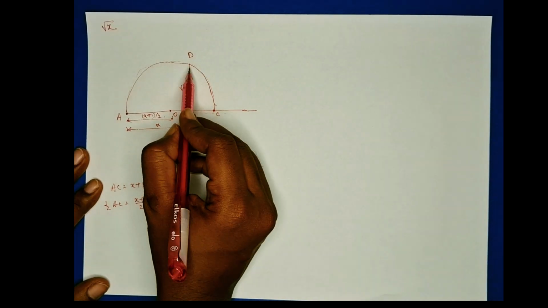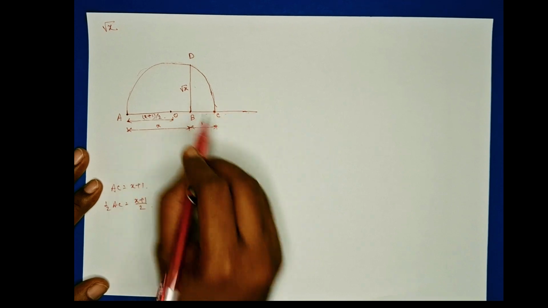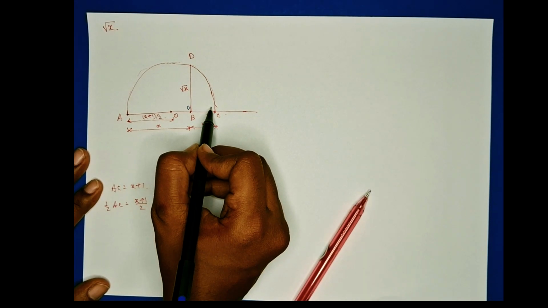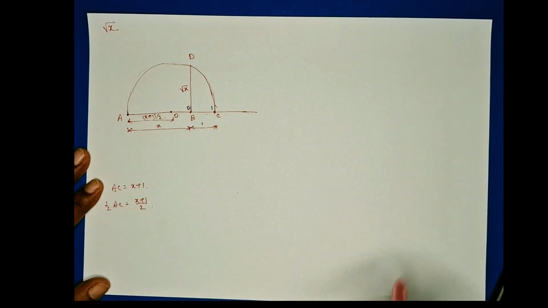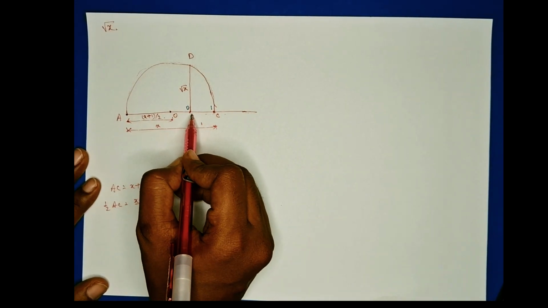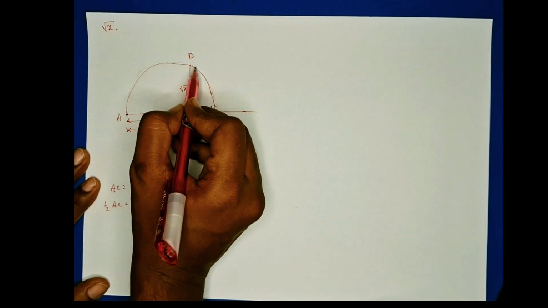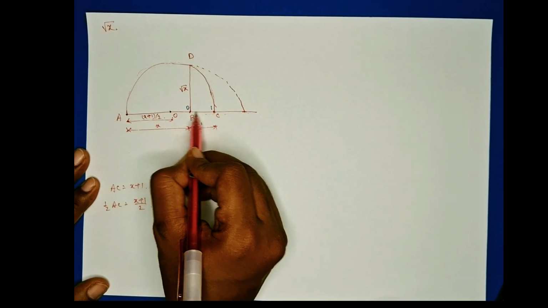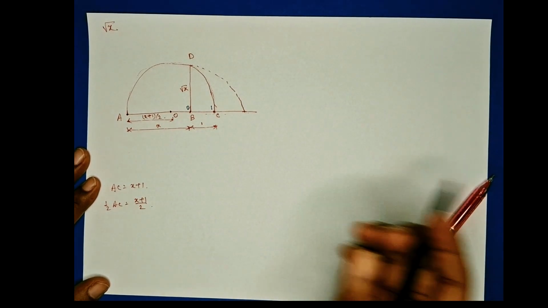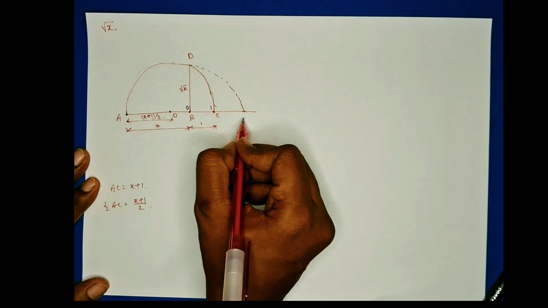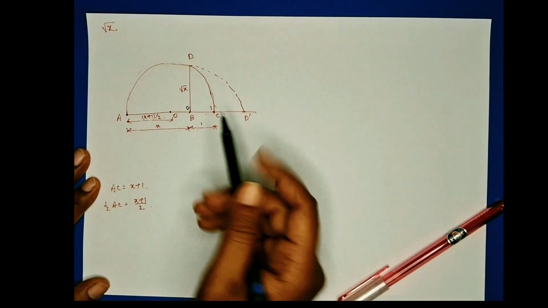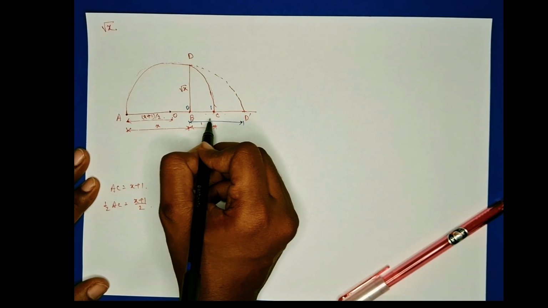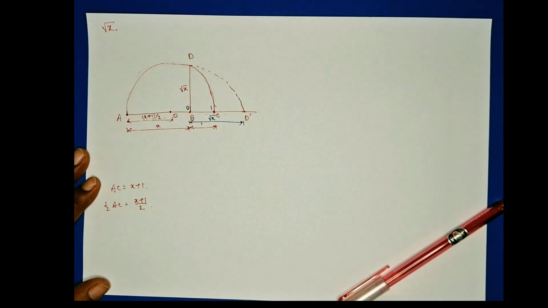If I want to draw this root x on the number line, considering B as the origin 0, so C will be 1 unit, and taking B as the center and BD as the radius, I have to draw an arc on the number line. Suppose this is the number line. So suppose this is D dash, that means this BD dash will be square root of x.